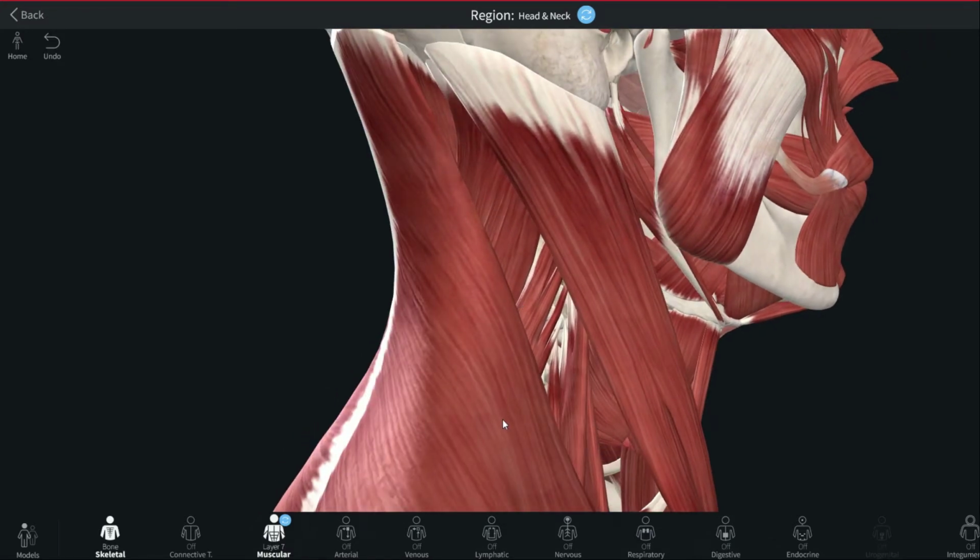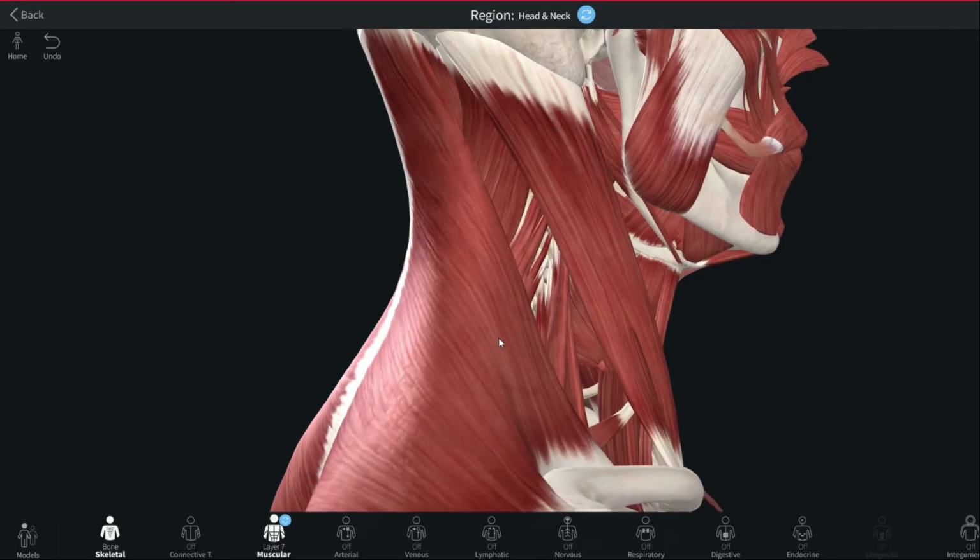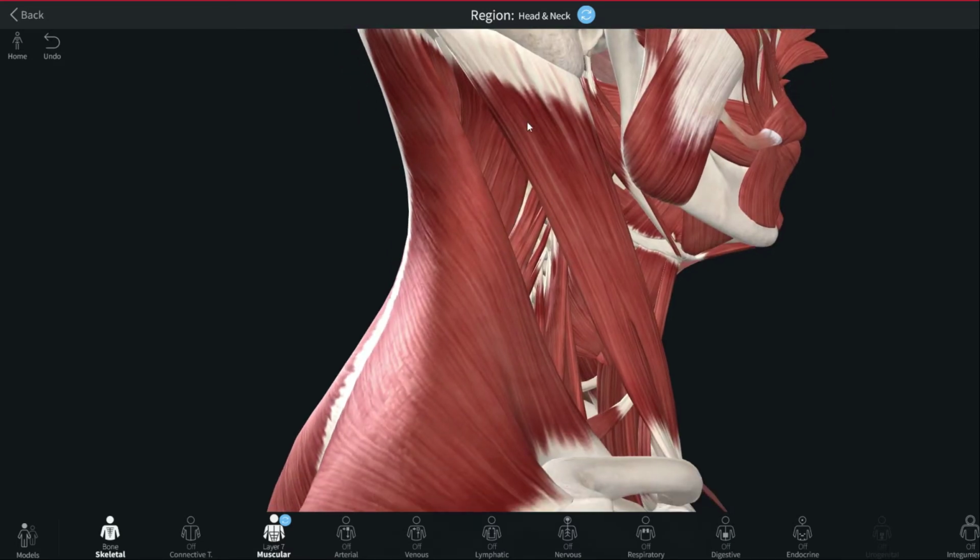Like, I did not bring on the deep cervical fascia to show you what constitutes the roof of the posterior triangle, because I think that it is pretty self-explanatory. That is why I did not turn on the connective tissue here and show you the actual fascia. You already know that it will be covering it, right?